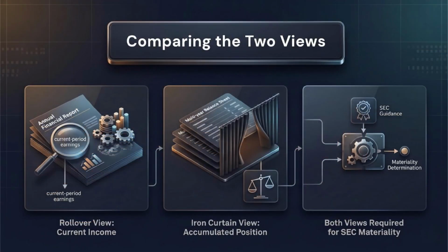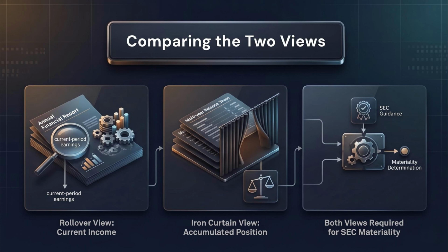Comparing the two views helps us understand why both are needed. Rollover focuses on current income, Iron Curtain focuses on accumulated position. Rollover is good at identifying whether this year's earnings story is distorted. Iron Curtain is good at identifying whether the ending balance sheet carries too much accumulated error.